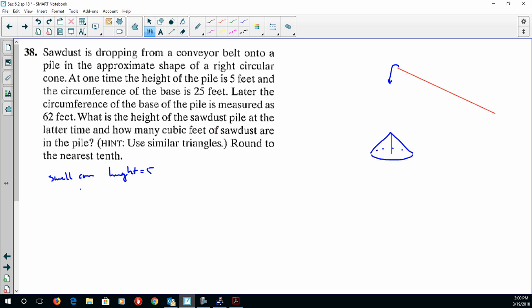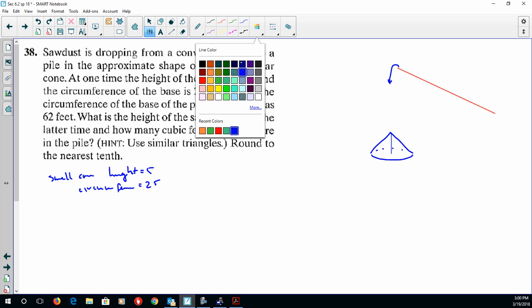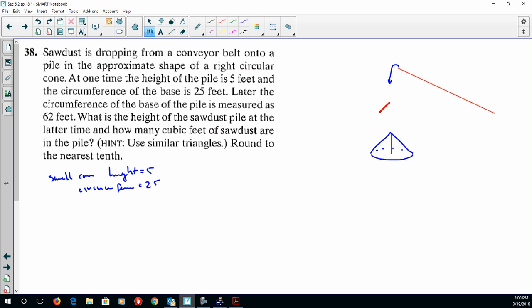Okay. Now the stuff builds up more. Now that is supposed to be a cone.